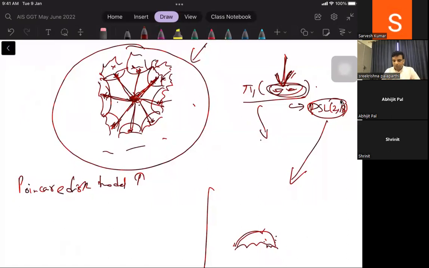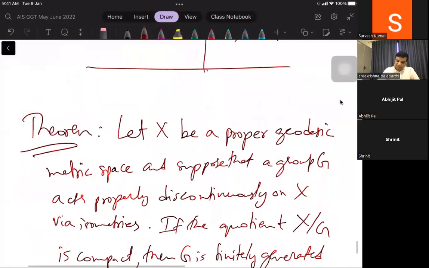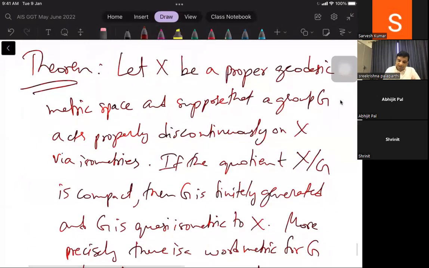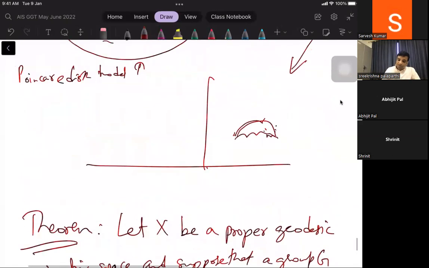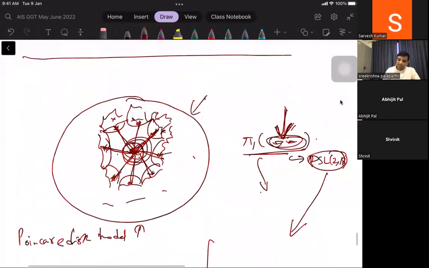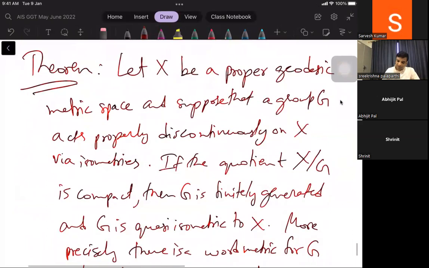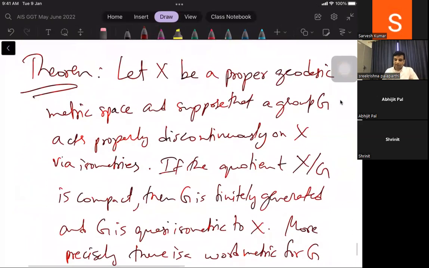You can also have a finite stabilizer of that vertex, and that's allowed, because this action is not necessarily free. In the case of pi1 of surfaces, this action is free, so it's not only properly discontinuous, it's also free, but we don't require that in this theorem.